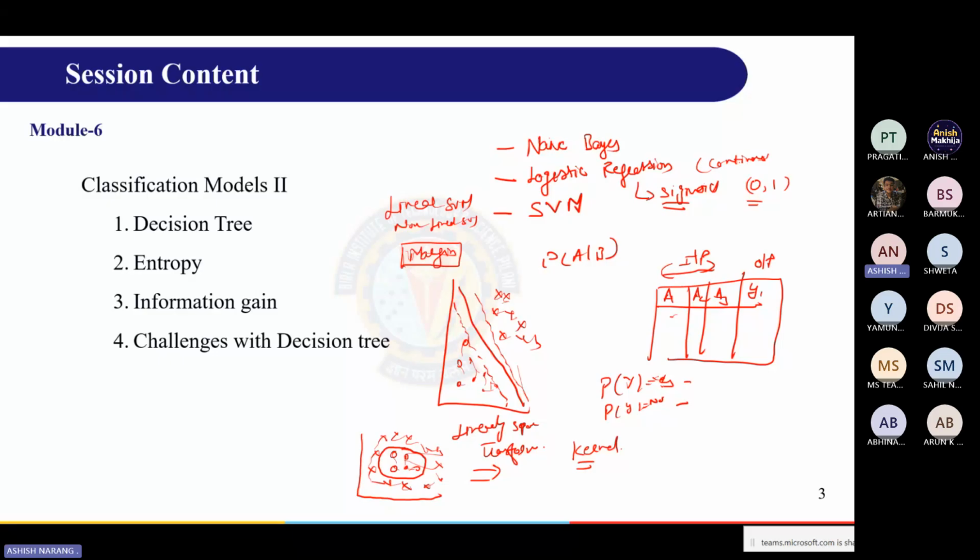These kernel functions will vary from data to data. It's not that I have only one kernel function and I can transform every kind of data so that I can fit a linear boundary. There's no single kernel, right? I have to understand my data clearly and then apply the kernel.